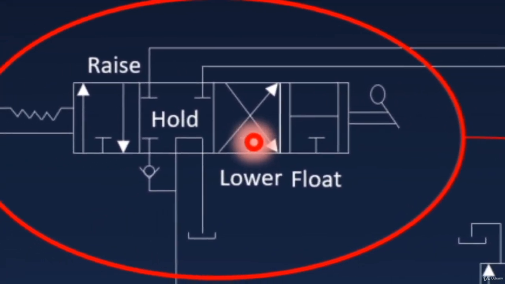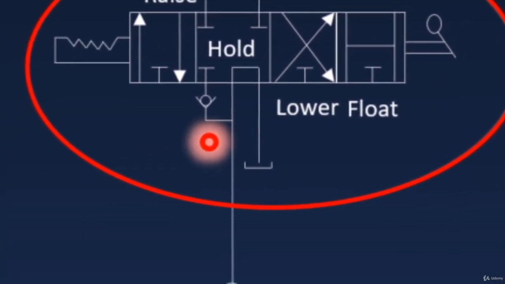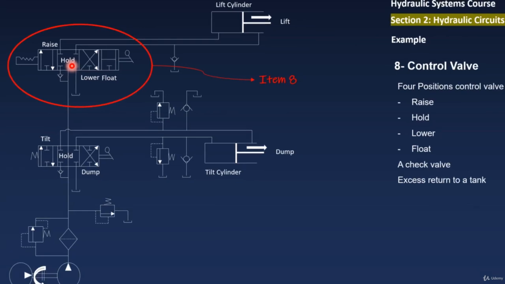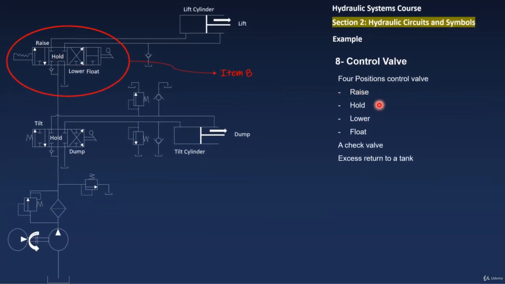So it is a 5-way, 4-position directional control valve, controlling the actuator to either raise, hold, lower or float.